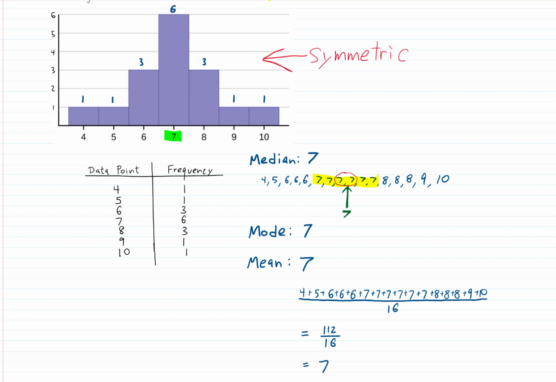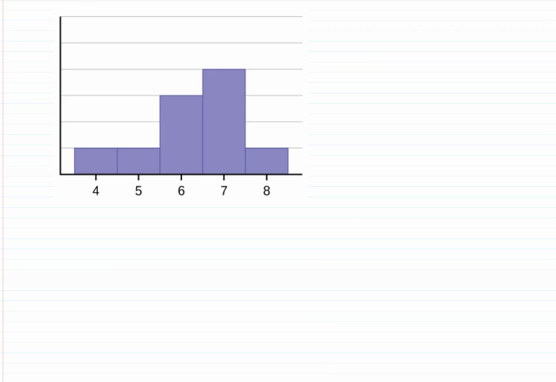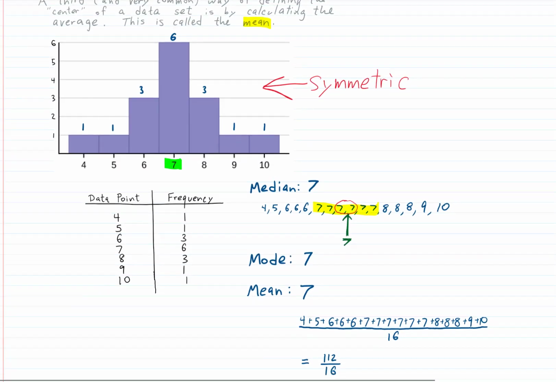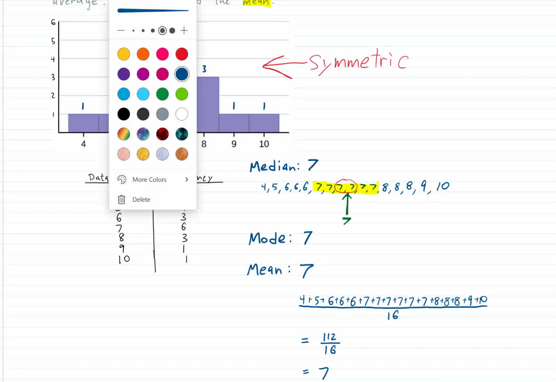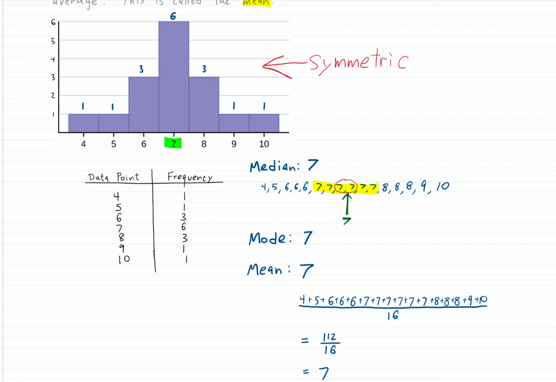Let's look at another data set that is not symmetric. Okay, look at this one. This one is not symmetric. It's called skewed. Look at the overall shape here. Let's go back to the first picture. That one, which is nice and symmetric, if you try to just draw the basic shape, it goes basically like this.